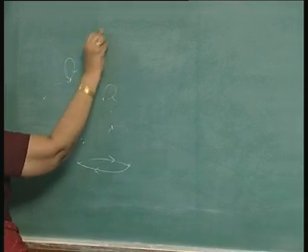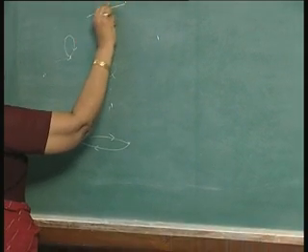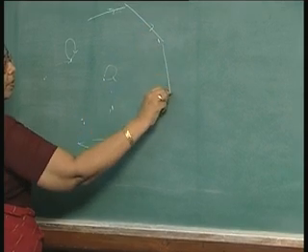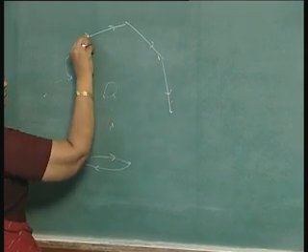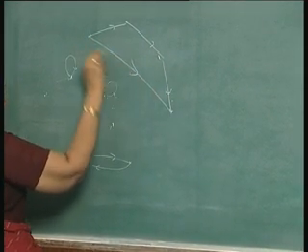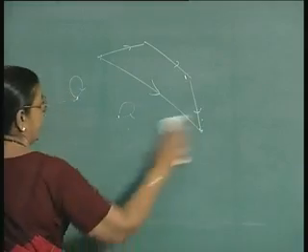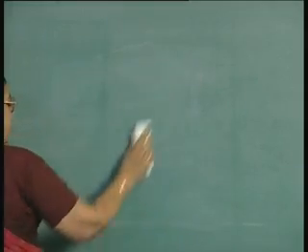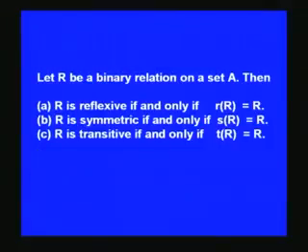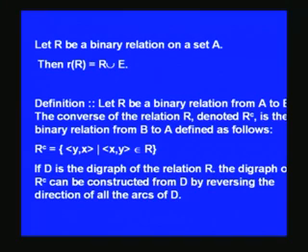To get the transitive closure, if there is a path between some nodes, then you have to add the arc corresponding to that path. This is what we have seen in a rough manner. And we considered the reflexive closure. Let R be a binary relation on a set A, then reflexive closure of R is denoted by R union E.